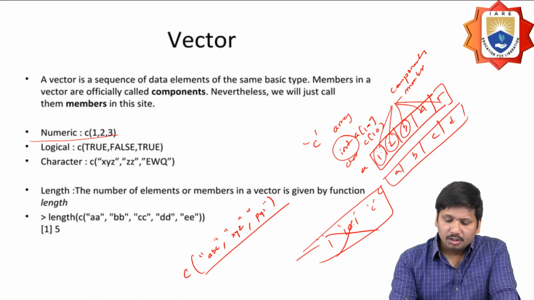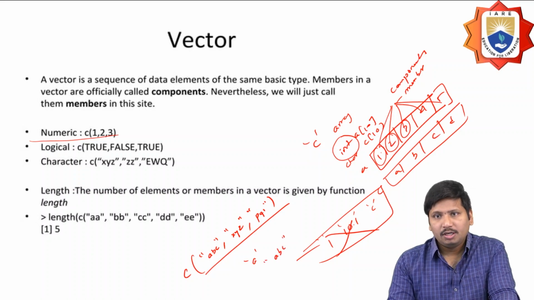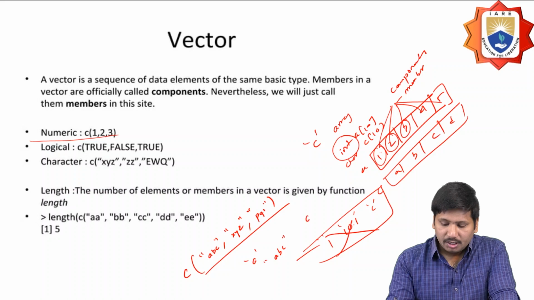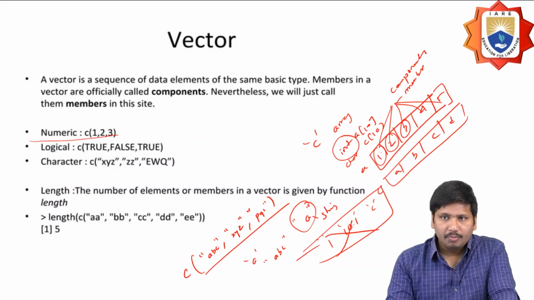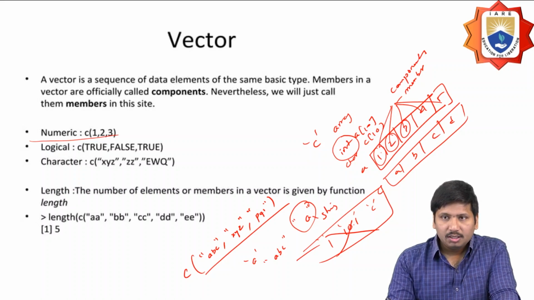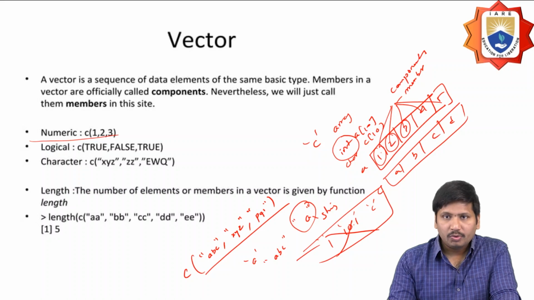Normally, in many programming languages, a character is denoted in single quotations, and a string is represented in double quotations. If a single character is mentioned in double quotations, it is automatically a string, not a character. A string is nothing but a group of characters.